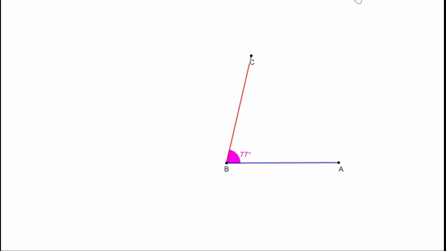No. Let me increase the angle again and observe the points ABC. Are they on the same line? No. Let me increase again, observe the points. Are they on the same line now? Yes, A, B, C are on the same line now. Now what is the angle between these two lines?